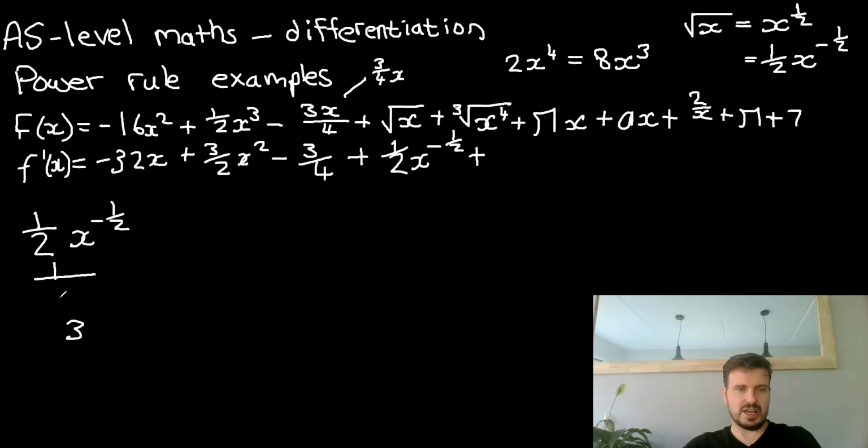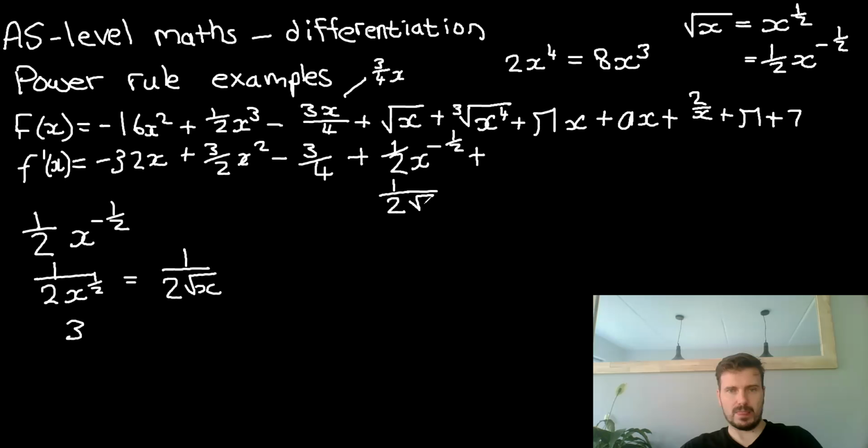So the x will go to the bottom and join the 2 and become x to the half, which could also be written as 1 over 2 times x to the half, and x to the half we remember is root x. So when simplified more, this is 1 over 2 root x.